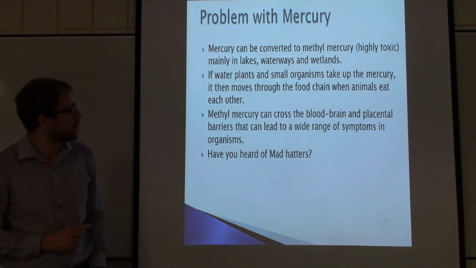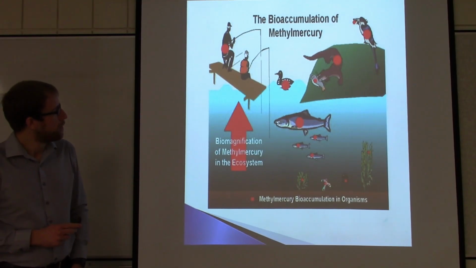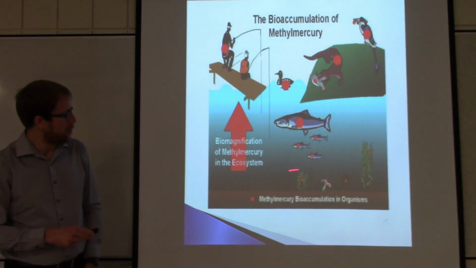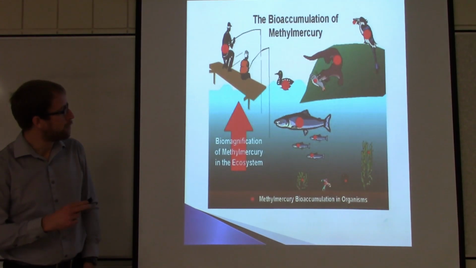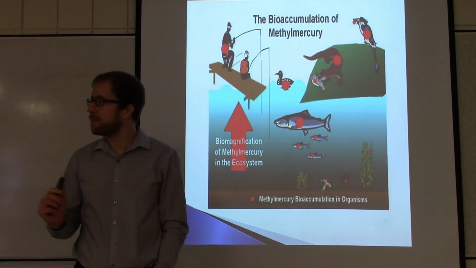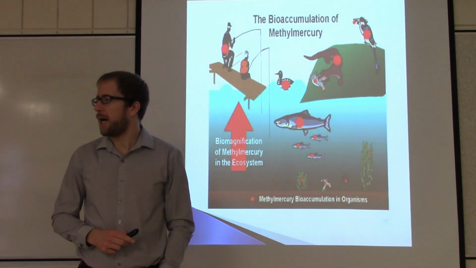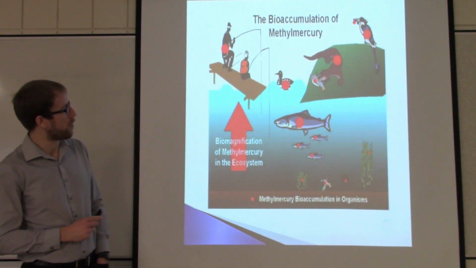We use alcohol-based thermometers now. Again, mercury can magnify up a food chain, and if we are eating high trophic level animals, like marlin, like big predatory fish, they do have very high concentrations of methylmercury.